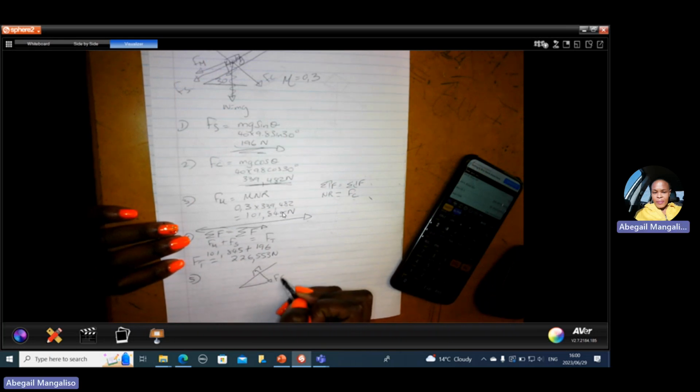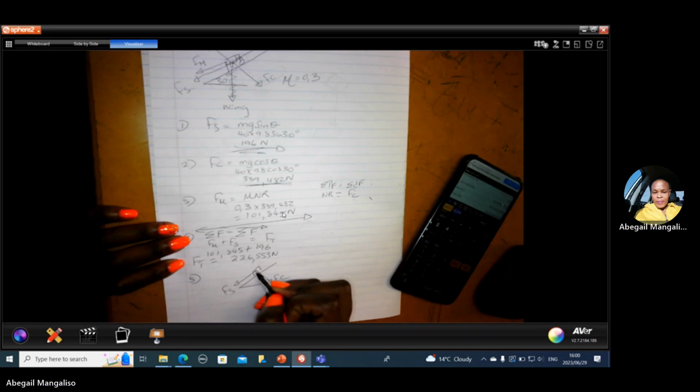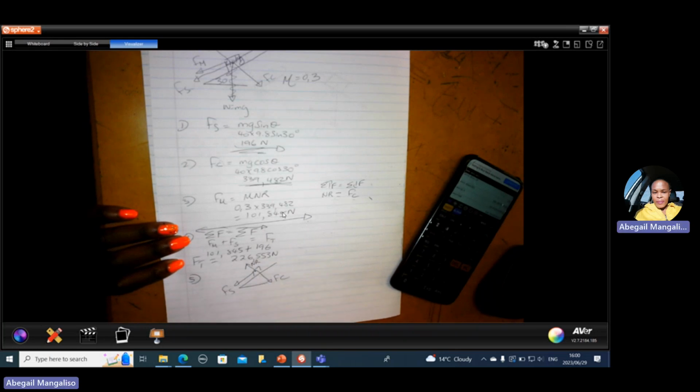This will be Fc, this will be Fs. This is the normal force. The question says force that is required to pull it down the plane. So you go to your diagram, you add that force Ft down the plane, which is the applied force.